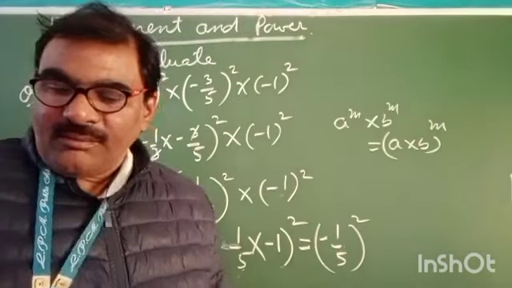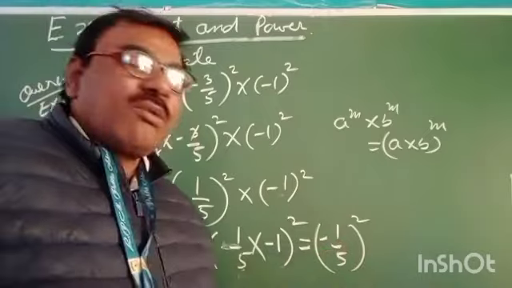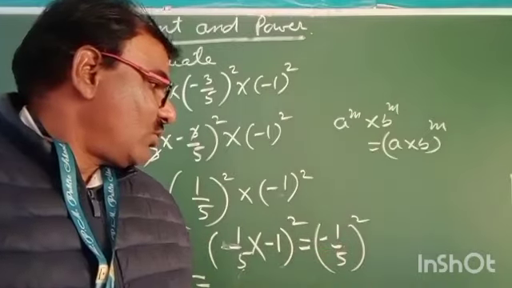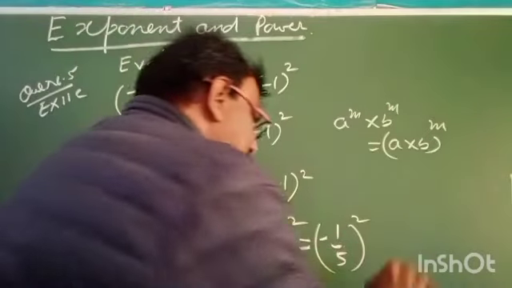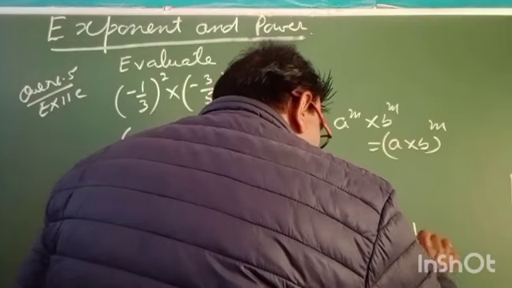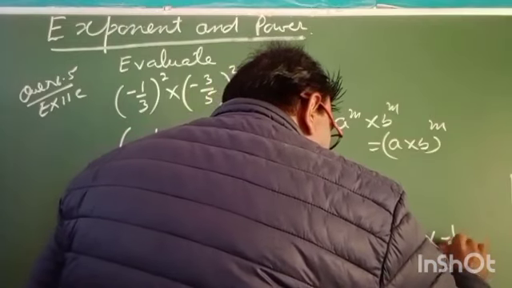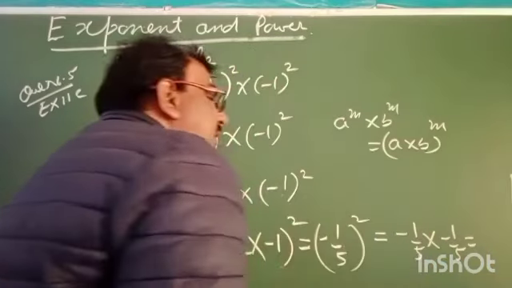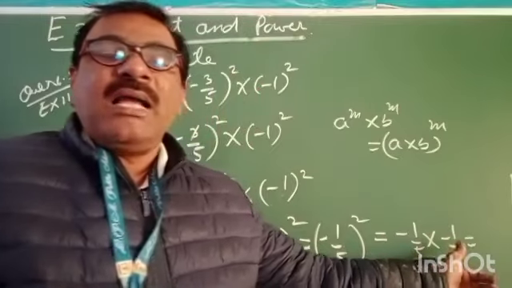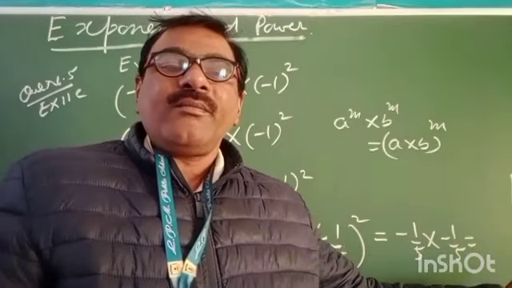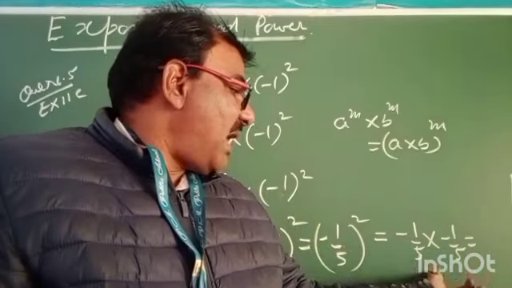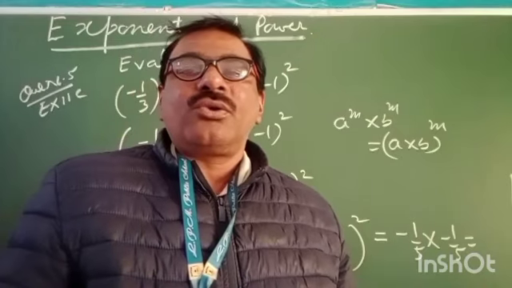So dear students, here we have (minus 1 by 5) whole square. We can write this as minus 1 upon 5 multiply minus 1 upon 5. When we multiply minus 1 by minus 1, we get 1, and when we multiply 5 multiply 5, we get 25.